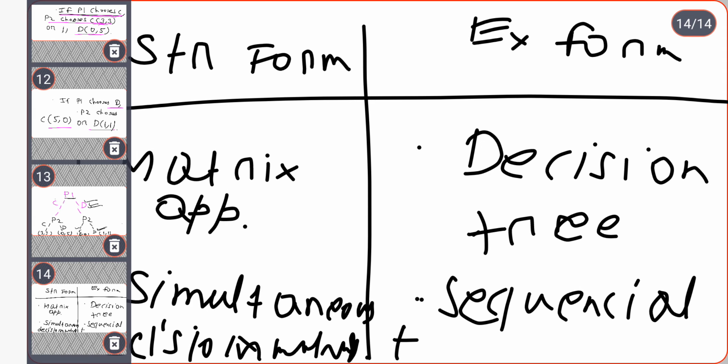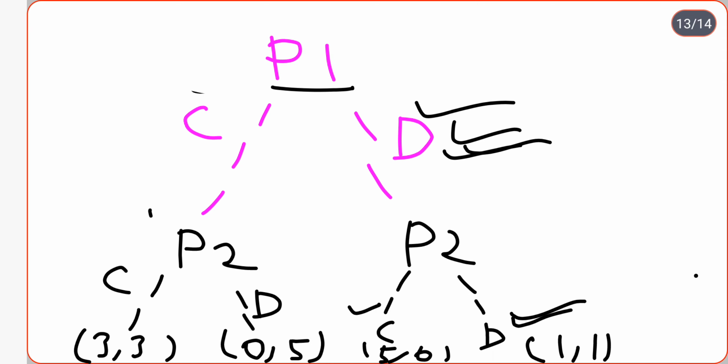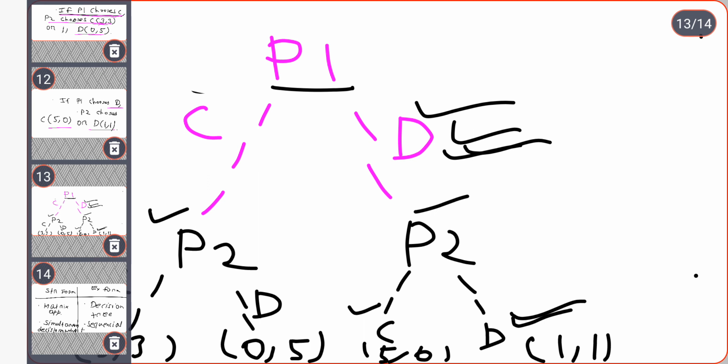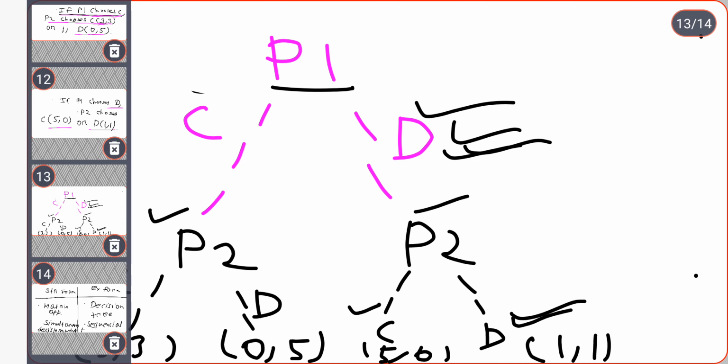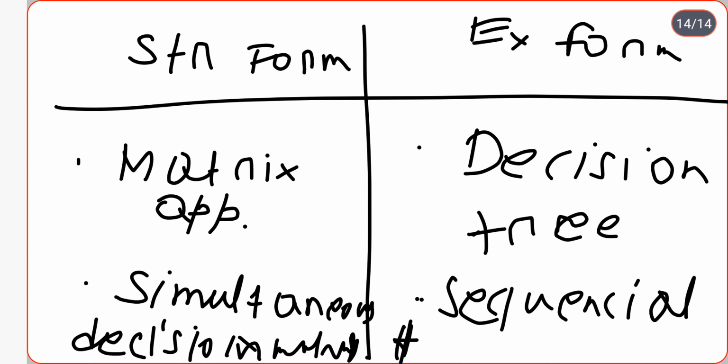Here in our case, player 2 is completely aware of the decision taken by player 1, so he can change his decision accordingly. So this is sequential decision making, that player 2 has the idea about the decision taken by player 1.